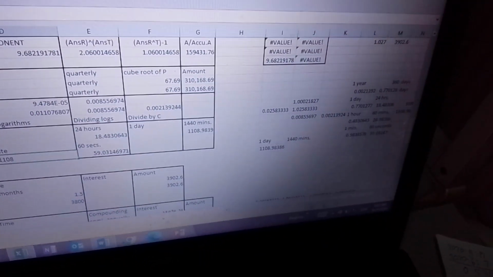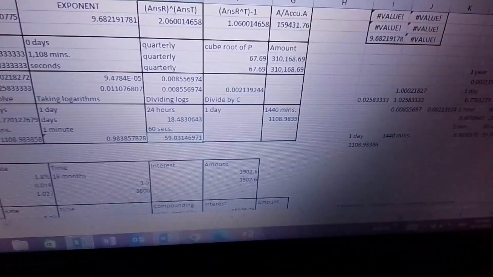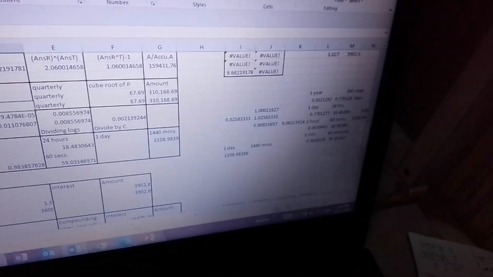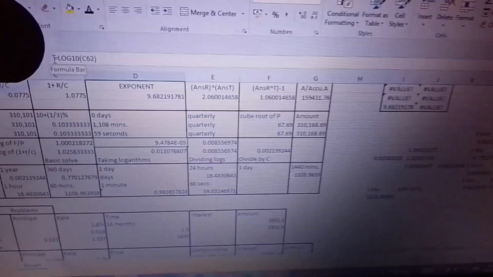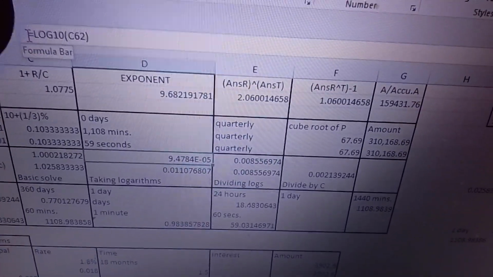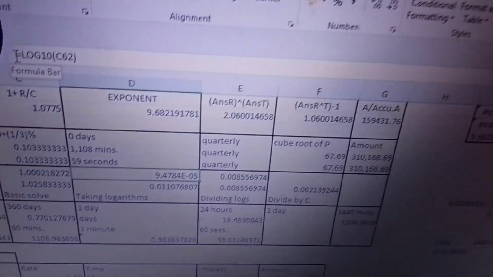So, we need to subtract 1,108, and we should get 0.98. And then we multiply it by 60, and we're supposed to get 59 seconds only. However, rounded off, we still get 1 more minute, because 59 seconds is almost 1 minute. So, you can make that 1,109 minutes and 0 seconds. That can still be the answer.